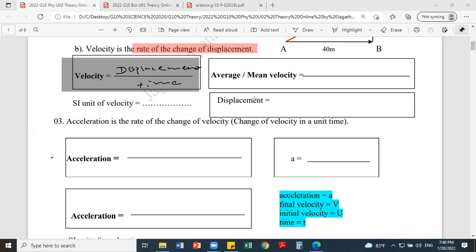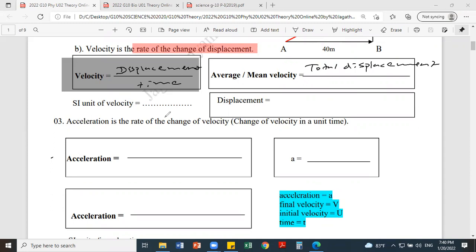That's why we use average velocity or the mean velocity. That is total displacement divided by time taken. Total displacement divided by total time. But actually it doesn't reflect the velocity each second, because velocity changes.